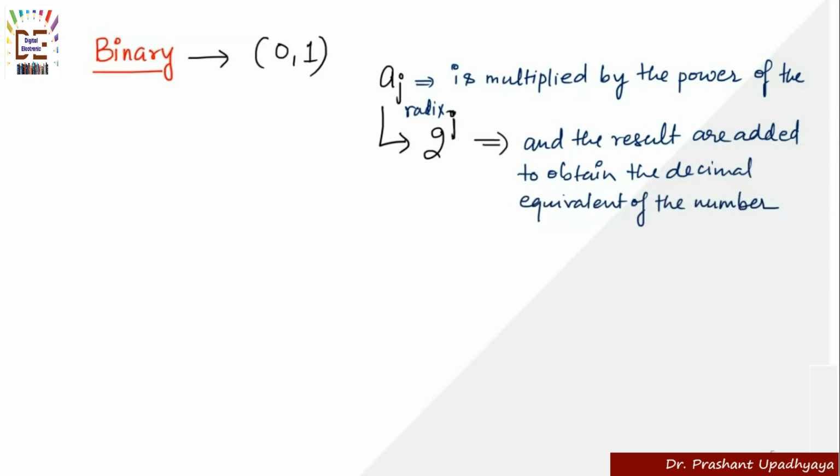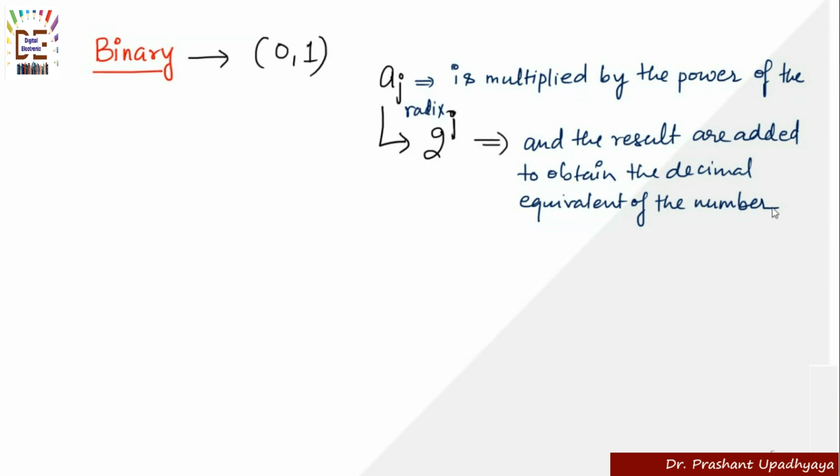Whatever number system is given to you, you can convert that number system into the decimal equivalent. And how do you do the conversion? You have to multiply by the base radix it has got.